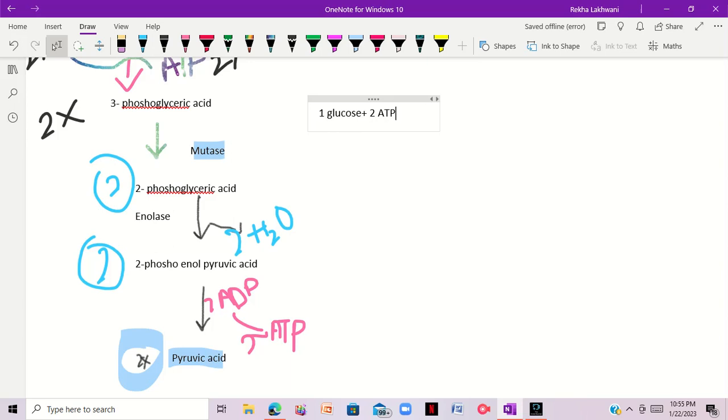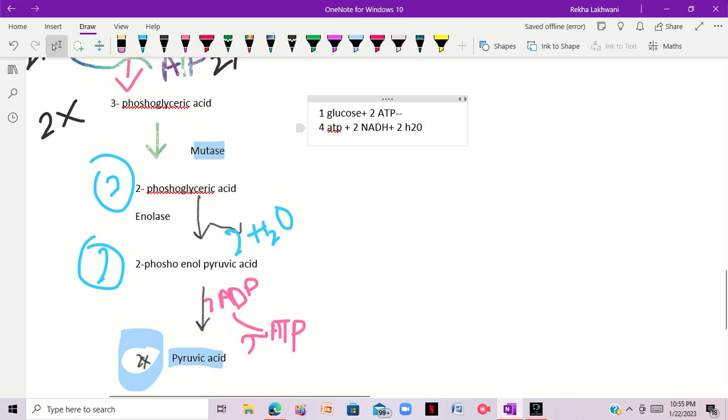Then what we got is 4 ATP, plus 2 NADH, plus two molecules of water, and what else we got?